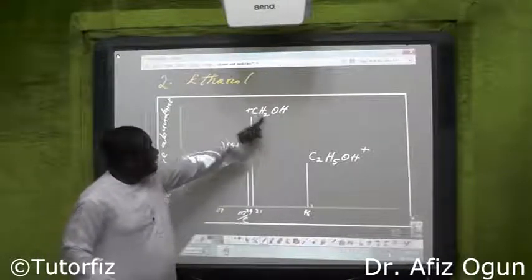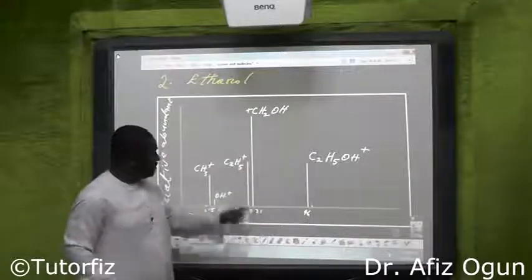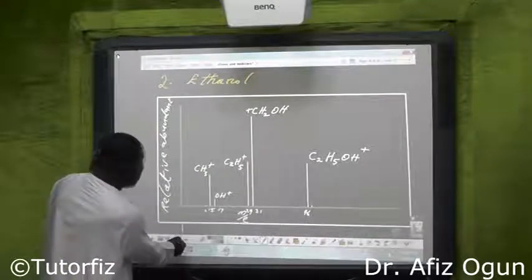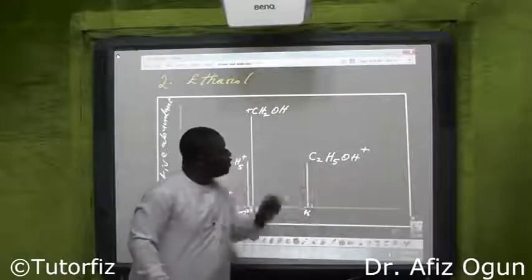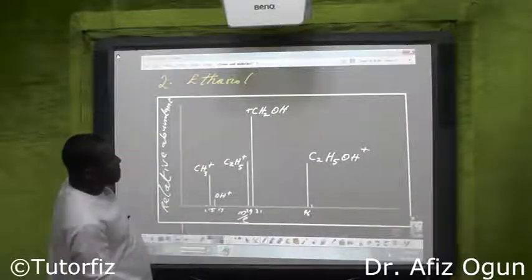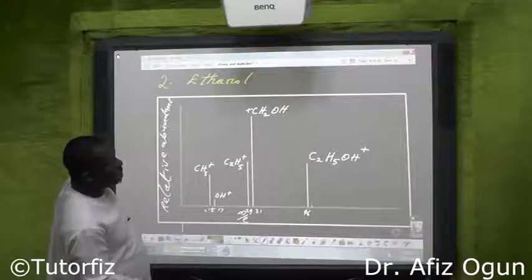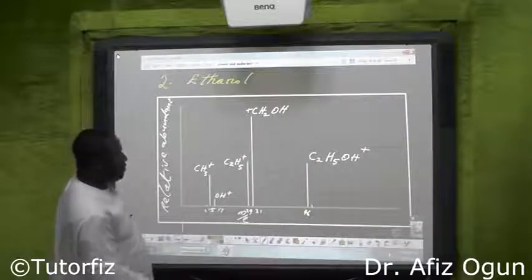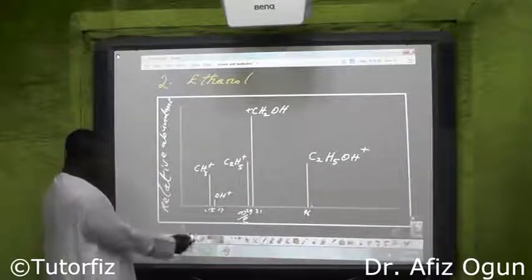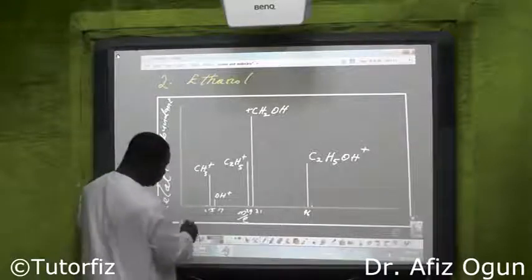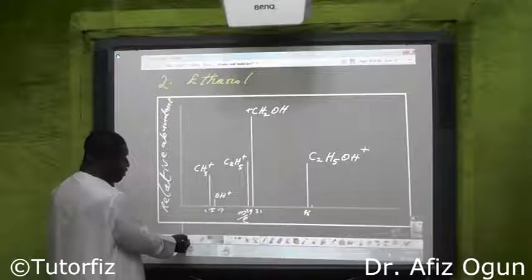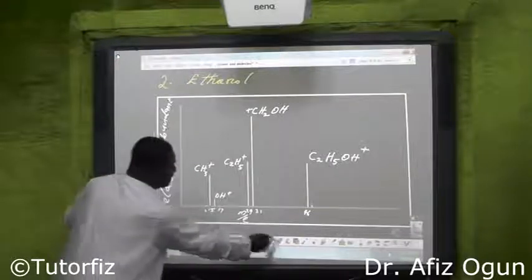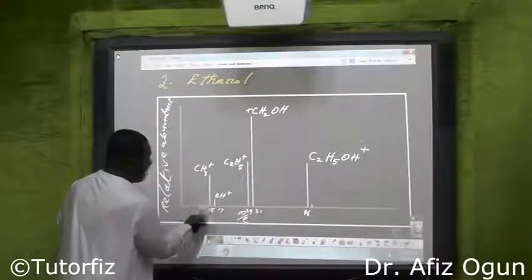I have CH2OH, which is 31, and I have C2H5OH, which is 46, which is the main thing. So now that is how to get them. I've given you two examples. Whatever they give you, just go and get it.